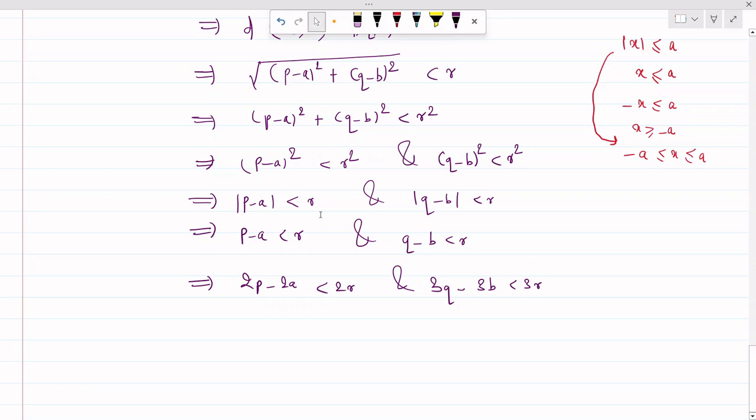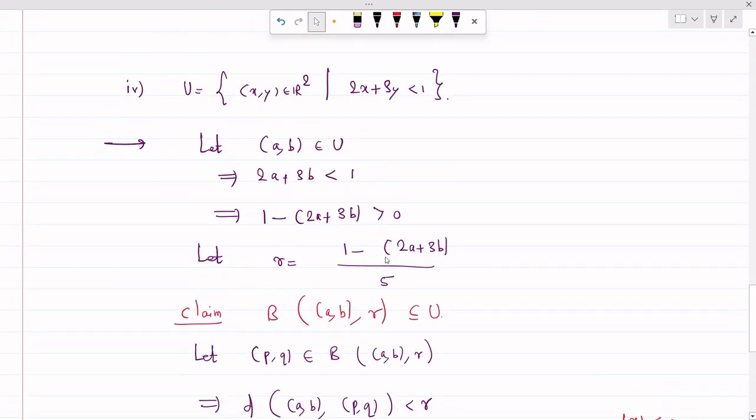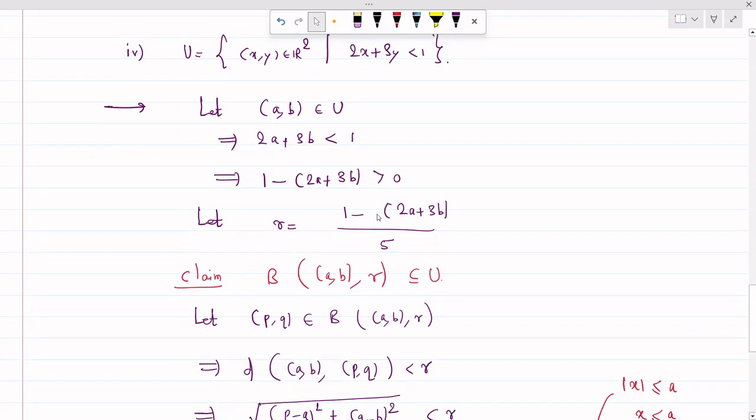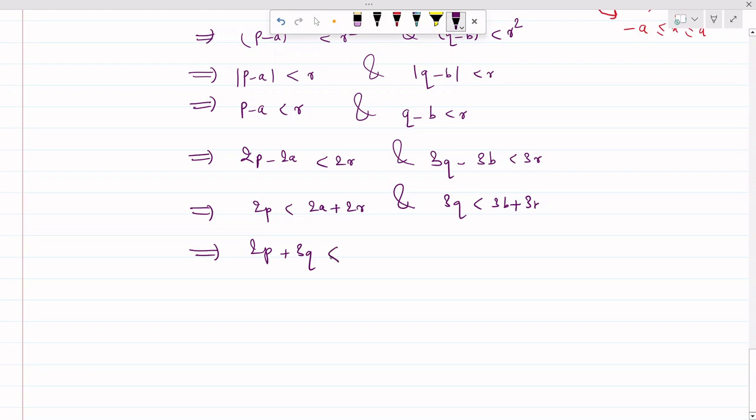The purpose of doing this is that we want to show that (p, q) belongs to U, and (p, q) will be in U only when 2p plus 3q is less than 1. So I'm just trying to establish that. So this implies 2p is less than 2a plus 2r and 3q is less than 3b plus 3r. Adding these inequalities, we get that 2p plus 3q is less than 2a plus 3b plus 5 times r.